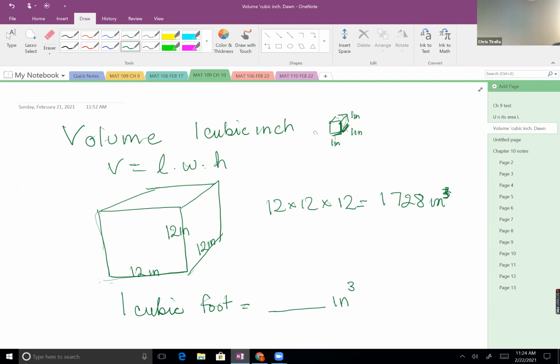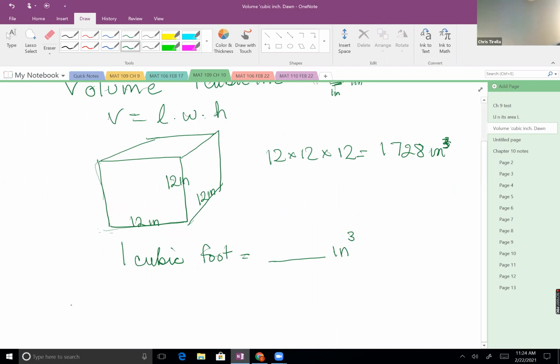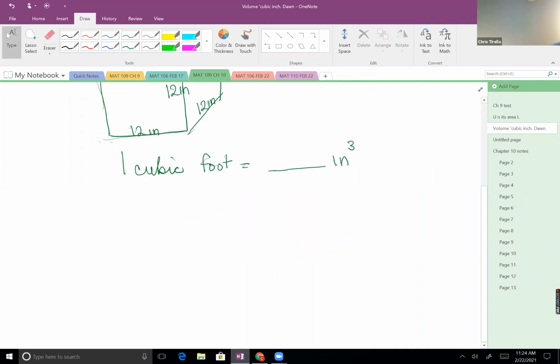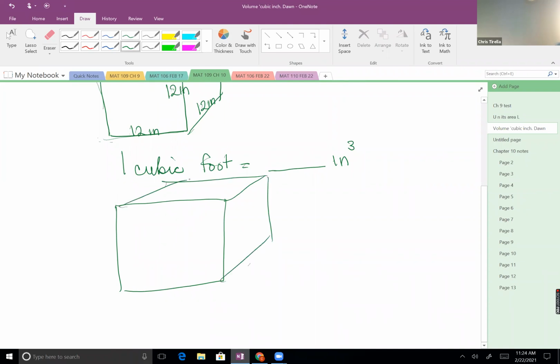And the idea is that for volume, we have to cube that conversion factor. So for example, if I had a cubic yard, well, 1 yard cubed, well, a yard is 3 feet.